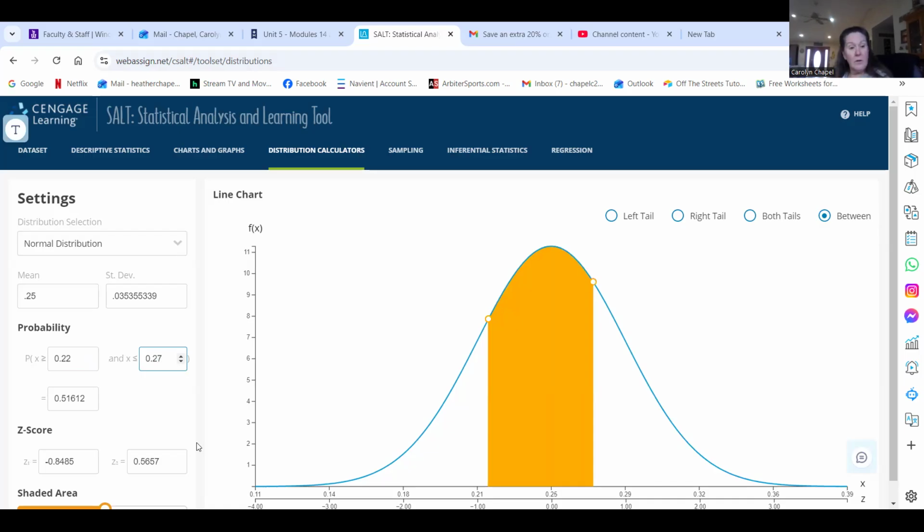Okay, and we get an answer of 0.51612. So again, my mean hasn't changed. That standard deviation is that ugly square root piece with the p, 1 minus p all over n. And we get that value. So between 22% and 27% would be 0.51612.